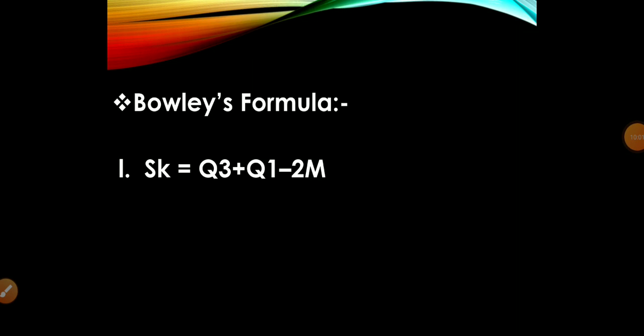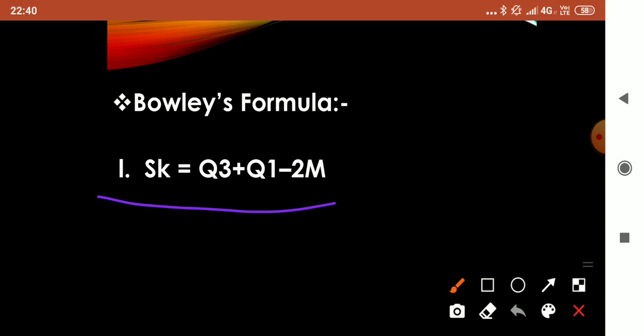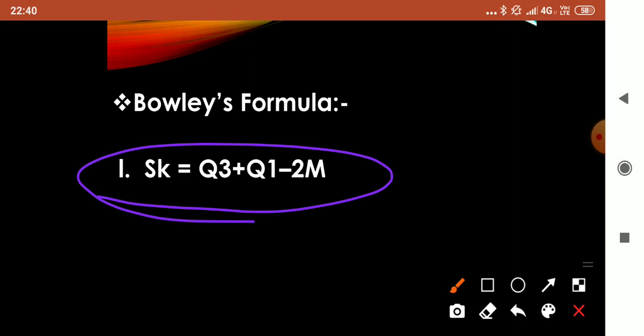Now Bowley's formula. Your second method is Bowley's method, so you have to learn the formula of Bowley's method. What is the formula of SK? SK equals Q3 plus Q1 minus 2M. Here it is very easy. You have to learn only this formula to find skewness: Q3 plus Q1 minus 2M.